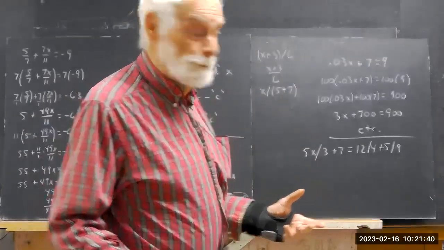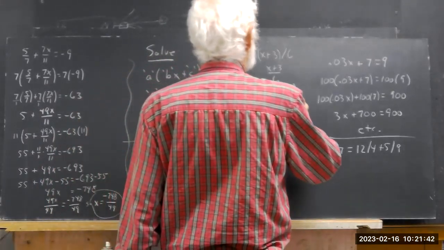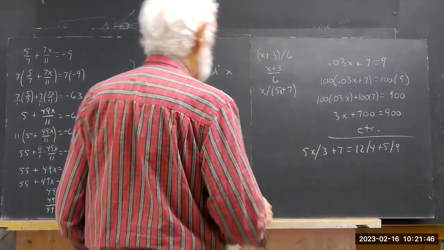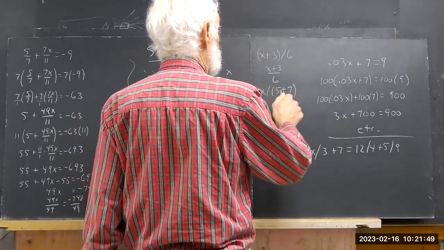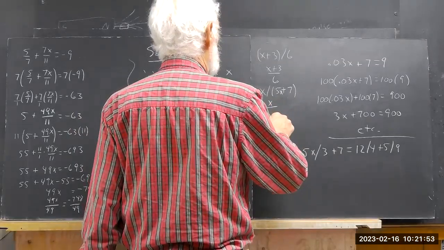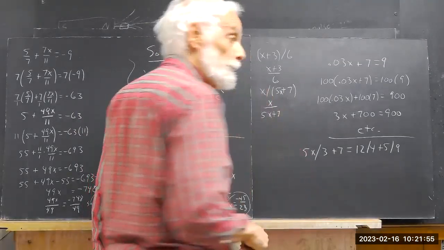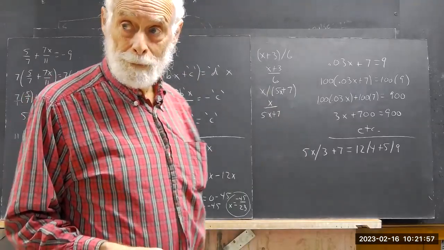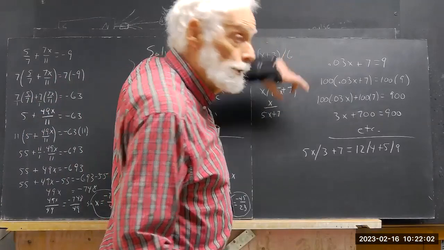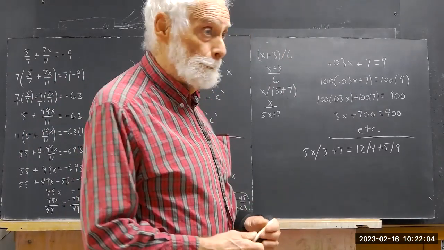Parentheses are a group. And let's say it's over 5x plus 7. So I'm not tempted to add the 5 and the 7. How do you write that? It's your numerator. It's divided by this. That makes it into the denominator. It's x over 5x plus 7, right? That's what it means. It means x is divided by whatever's in the parentheses. Okay.